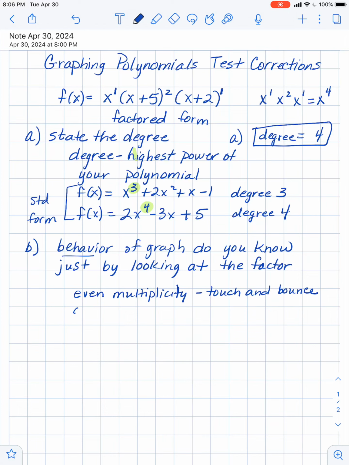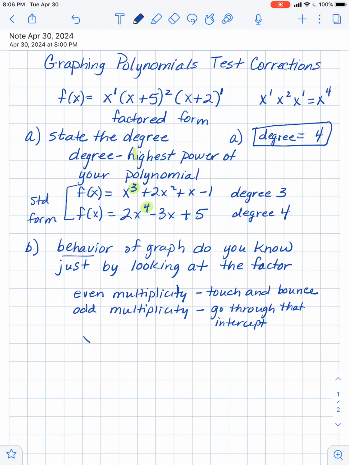And if it had an odd multiplicity, then it would go through that intercept. So this one is going to touch and bounce at the intercept, and the second one is going to go through. So again, back to our problem here.